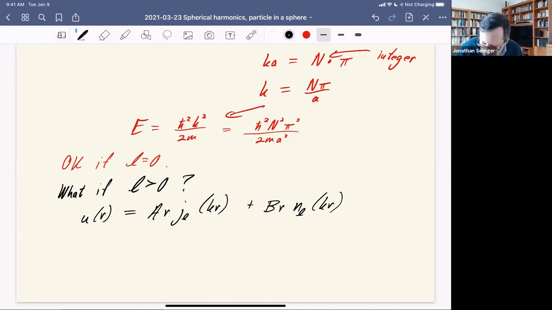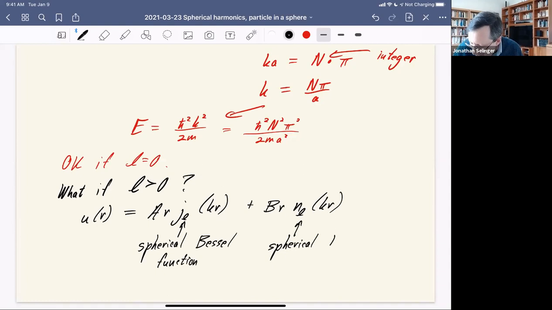And these functions have names. The J sub L is called the spherical Bessel function. And the N sub L is called the spherical Neumann function.